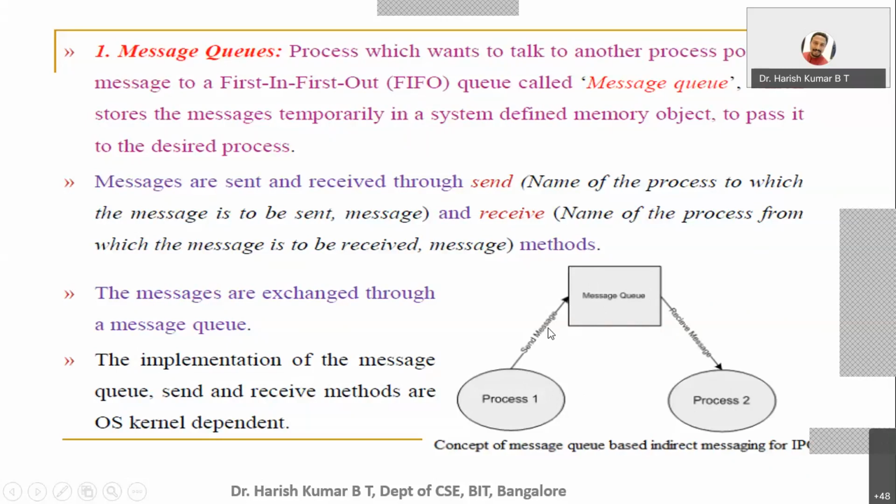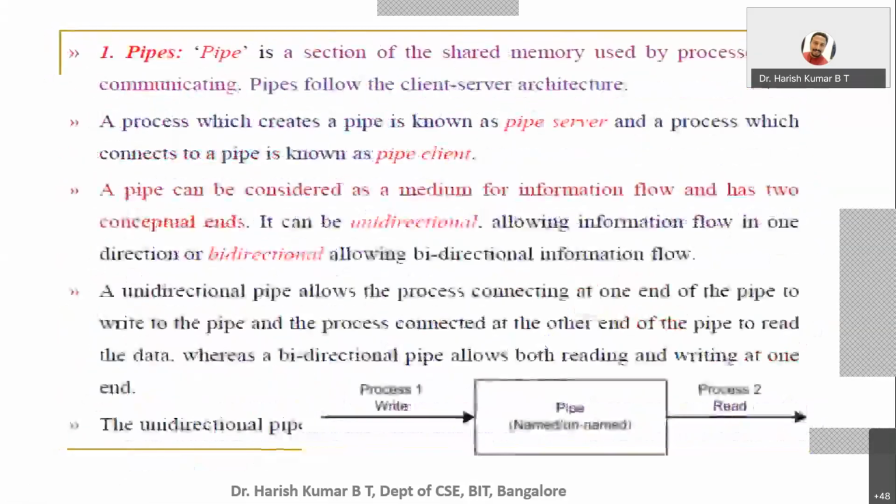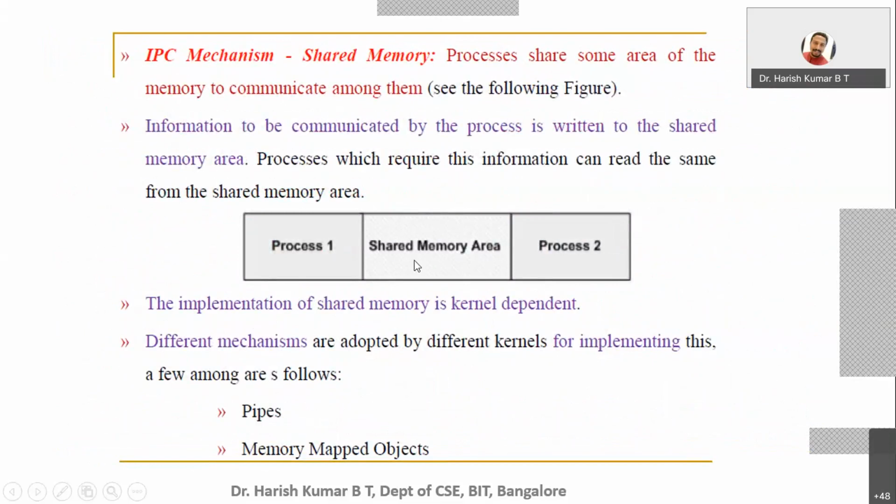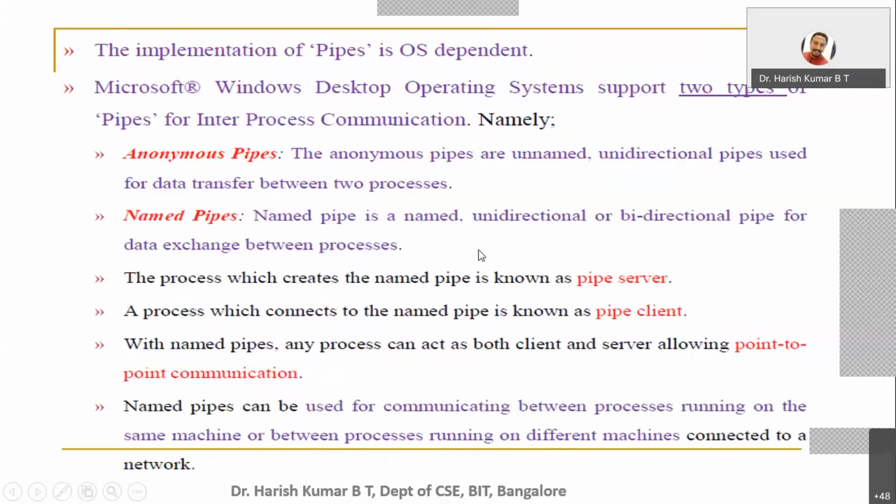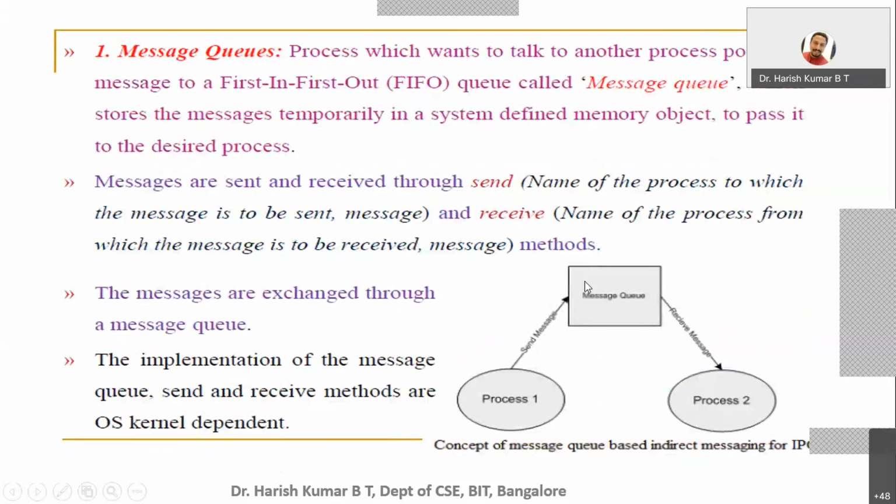When I said shared memory, the primitives that were used were read and write. This is a small amount of memory which was commonly agreed by these two processes for communicating. And where is this memory found? This memory is found inside the user address space. One process writes to the shared memory, and the other reads from it. But this message queue that I'm talking about now is not present inside the user address space. It is present inside the kernel address space.